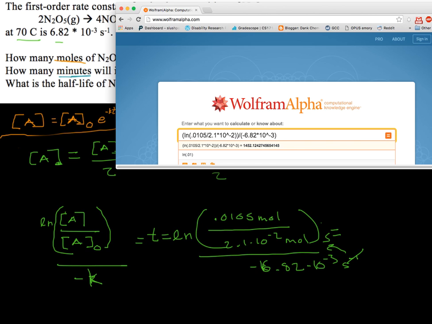let's see, this looks a little bit off to me. Did I put these values all in right? Oh, this might be part of it. No, it still looks a little bit high to me.